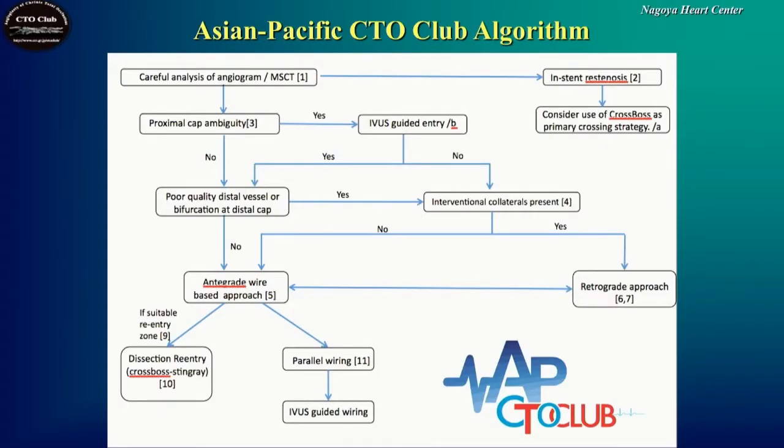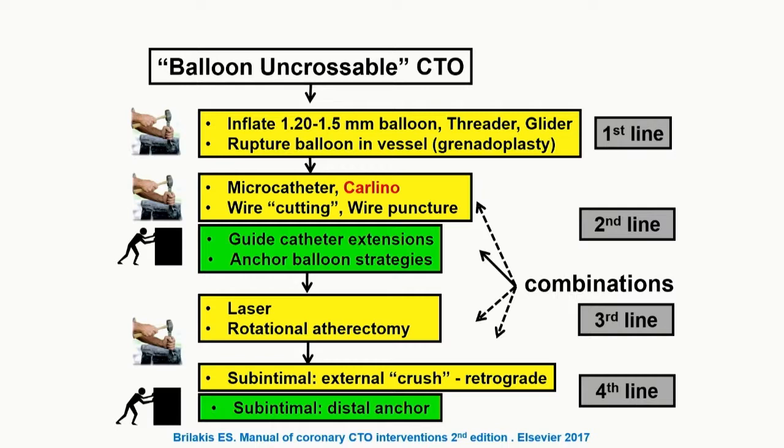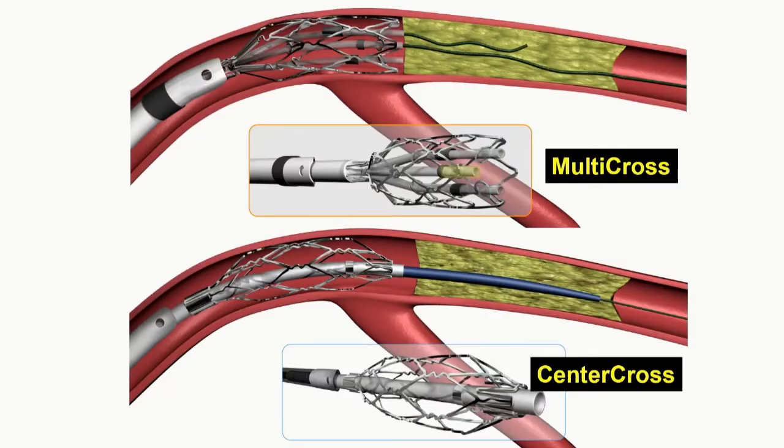This is even in Japan now. This is the Asian Pacific CTO algorithm, which is converging and using the same geographic criteria. Although they do favor wires more than we do in the US and in Europe, the basic principles seem to be becoming the same. This is the algorithm for balloon uncrossable. These are not embedded in the main algorithm, but you can apply them when such cases come up.